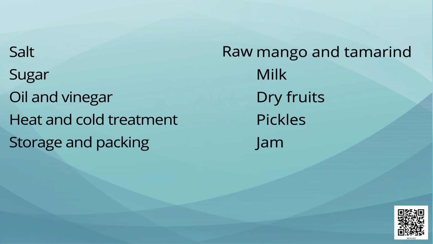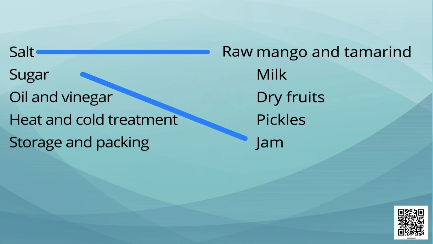Salt is used for preserving mango and tamarind. Sugar is used for preserving jam. Oil and vinegar is used to preserve pickles. Heat and cold treatment is done with milk, and the process is known as pasteurization. Storage and packaging is done for dry fruits.